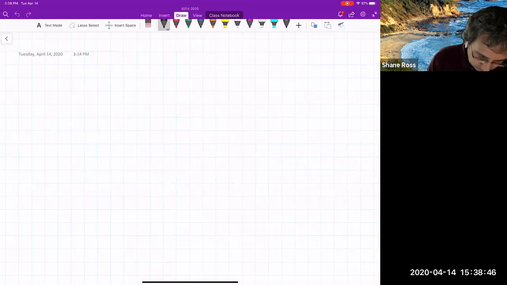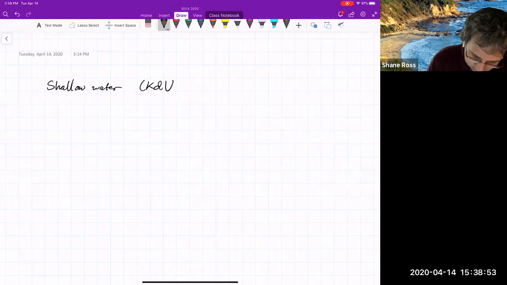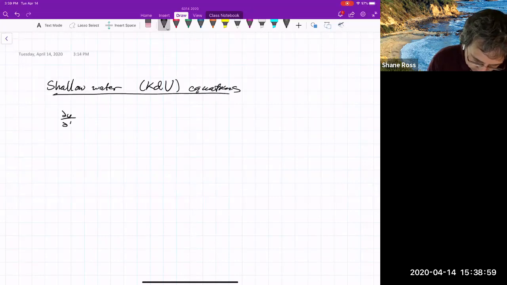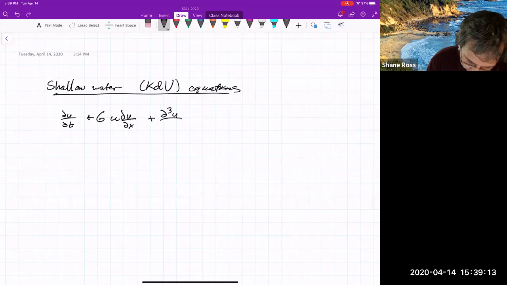So the Shallow-Water KdV equations. Let me just repeat it here. 6 u partial x. Then this triple derivative, third derivative of u with respect to x, equals 0.